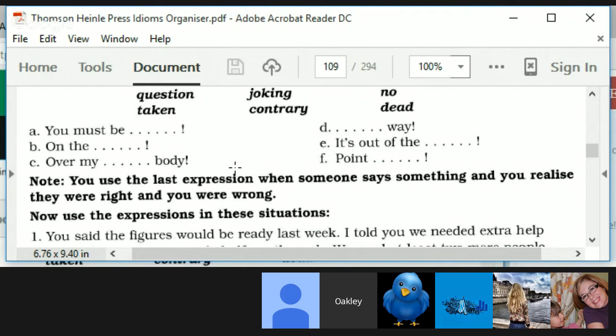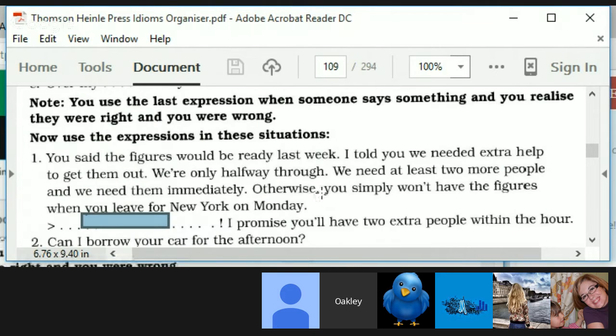Not necessarily the entire argument, but at least one of the points. It may mean that you concede the argument. You may agree with them totally, but it doesn't necessarily have to be a total agreement. Okay? You're right. That's it.